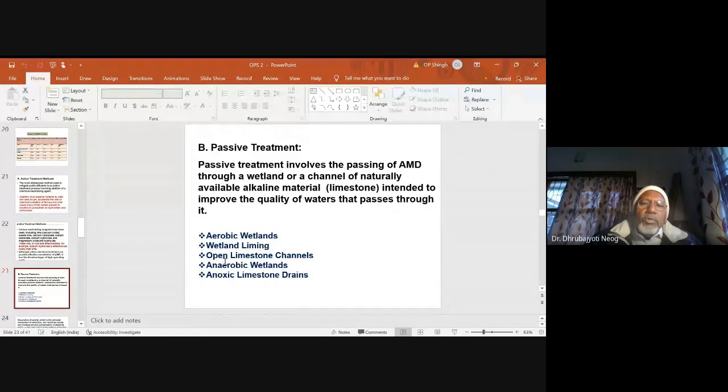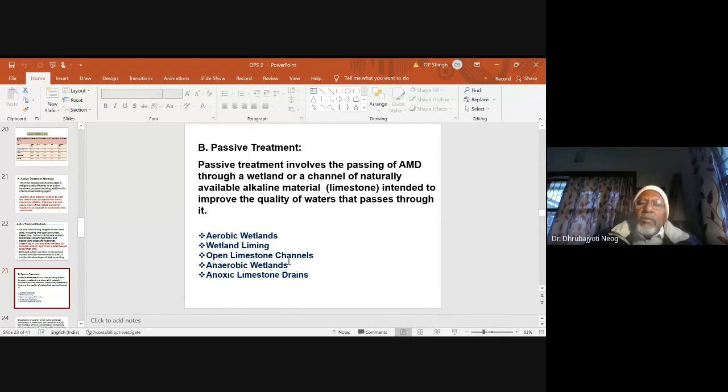Then we are also using open limestone channel, which means we pave limestone in a channel, and then acid mine drainage is passed through those limestone paved channels. And this way, slowly, acidity is neutralized because limestone is an alkaline material which is found plenty in nature.